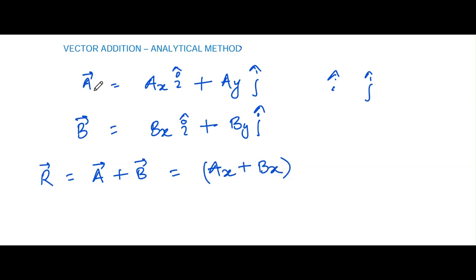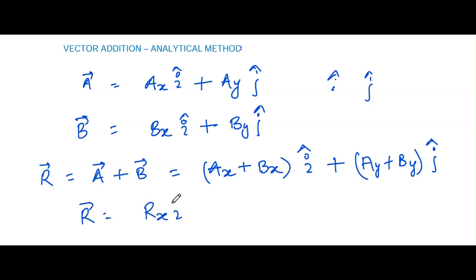These two are components of vector A and vector B along i cap, and then we can write Ay plus By j cap, or simply you can say this is Rx i cap plus Ry j cap, where Rx is the component of vector R along i cap and Ry is the component of vector R along j cap.